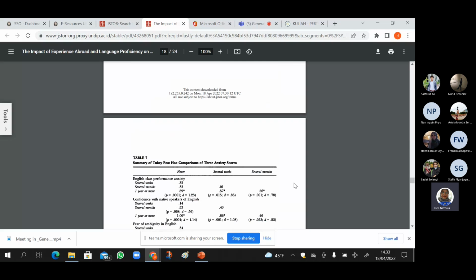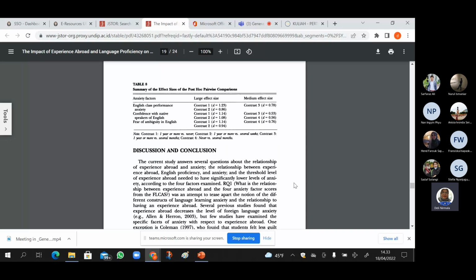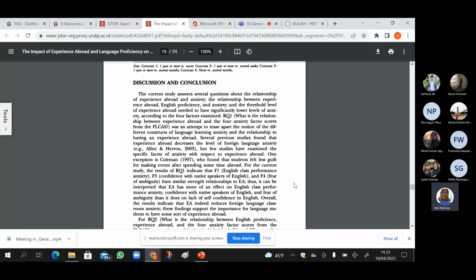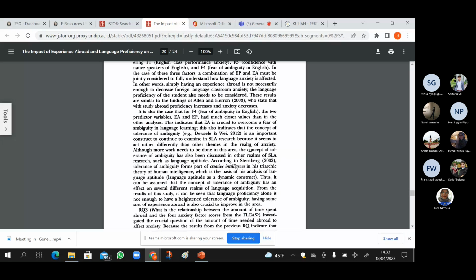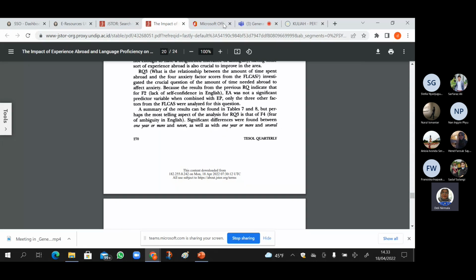There is a discussion. Yeah, it is one of the examples. You can study the discussion here. The relationship between experience abroad and anxiety. The relationship between experience abroad, English proficiency, and anxiety. Yeah, it is very comprehensive. Yeah, ma'am, the study is very comprehensive.